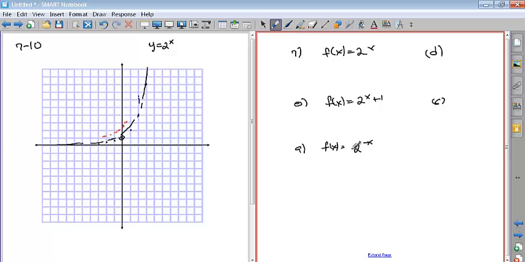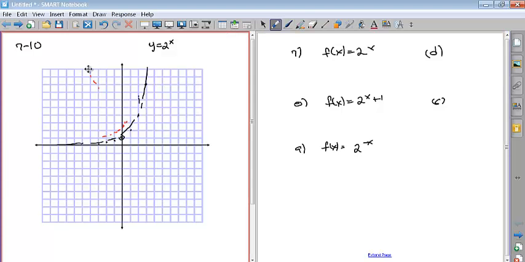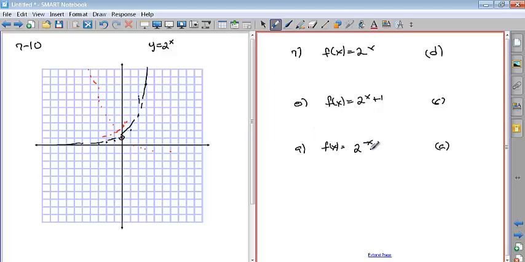If it was negative 2 to the x, then it would reflect across the x-axis. So the only one that's reflected across the y-axis, which would look something like this, is A. And it still crosses, 2 to the negative 0 power is still 2 to the 0, so it should still intersect here.